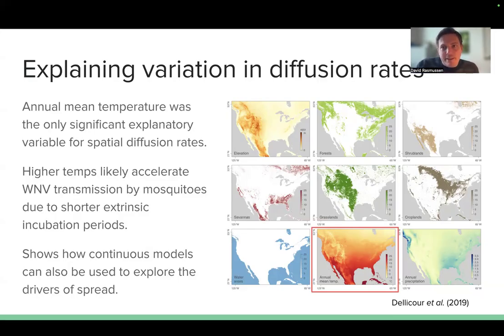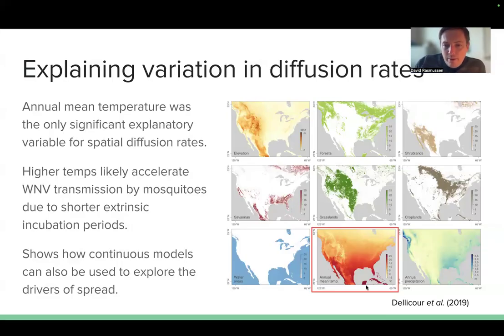And what they found was kind of interesting. They found that overall, the only explanatory variable to significantly predict how rapidly West Nile virus is able to move across the landscape was mean annual temperature, which is a bit of a head scratcher at first, but one of the reasons why this may be important is if we think about the mosquito vectors, the warmer the temperature is, the more rapidly the virus will be able to grow in mosquitoes, and therefore what's known as the extrinsic incubation period, or how long it takes for the mosquitoes to incubate the virus, is shortened in warmer places.